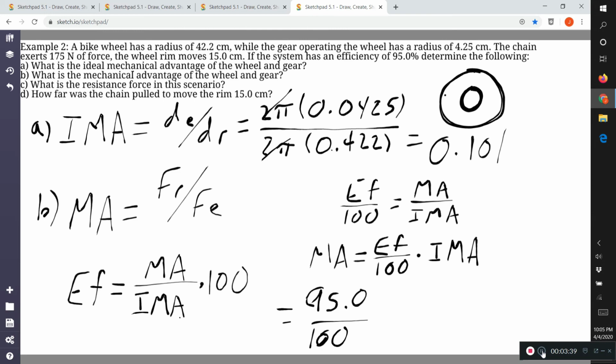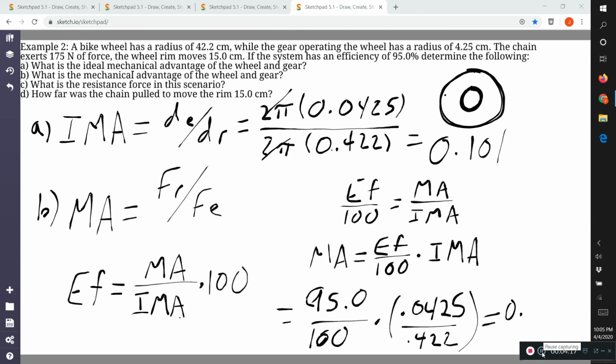The 100 is a perfect number, but we can't just plug in the 0.101, that would throw off our rounding. So we actually have to plug in the calculation we used to find the ideal mechanical advantage. If we don't do it this way, our accuracy will get thrown off heavily. So we're going to get, rounded to the appropriate number of sig figs, 0.0957.